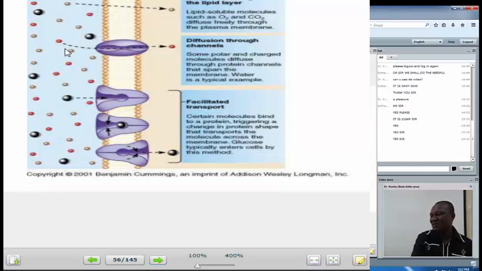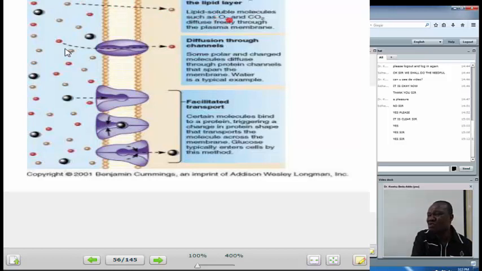Now, good. This chart summarizes simple diffusion. Up here, we have these particles that would move directly across the lipid bilayer. Now, these particles, the yellowish, have high lipid solubility.